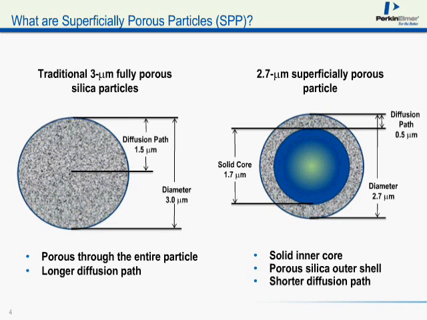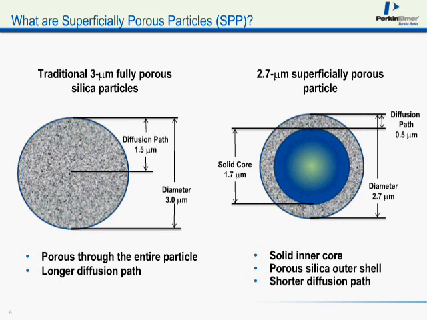This is the traditional particle used for most of your HPLC columns used today. The particle size of these started at 10 micron, and then we moved into 5 micron and 3 micron particle sizes, with each progression to a smaller particle giving you higher column efficiency and better separation efficiency on the column.